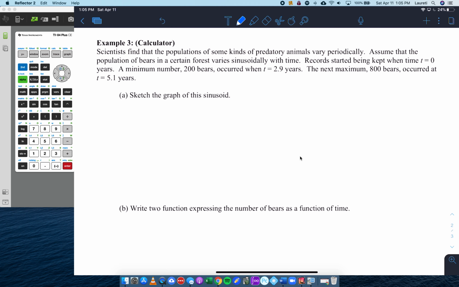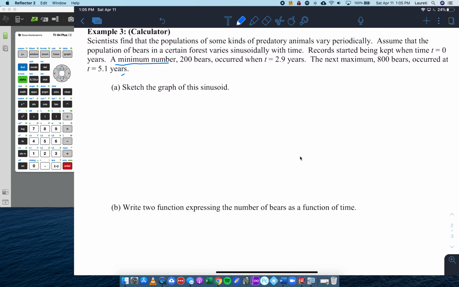The next maximum, 800 bears, occurred at 5.1 years. Okay, so we're going to use this information here. So 200 bears when you reach 2.9, and then you have 800 at 5.1. Okay, so just use the information that you have in front of you.